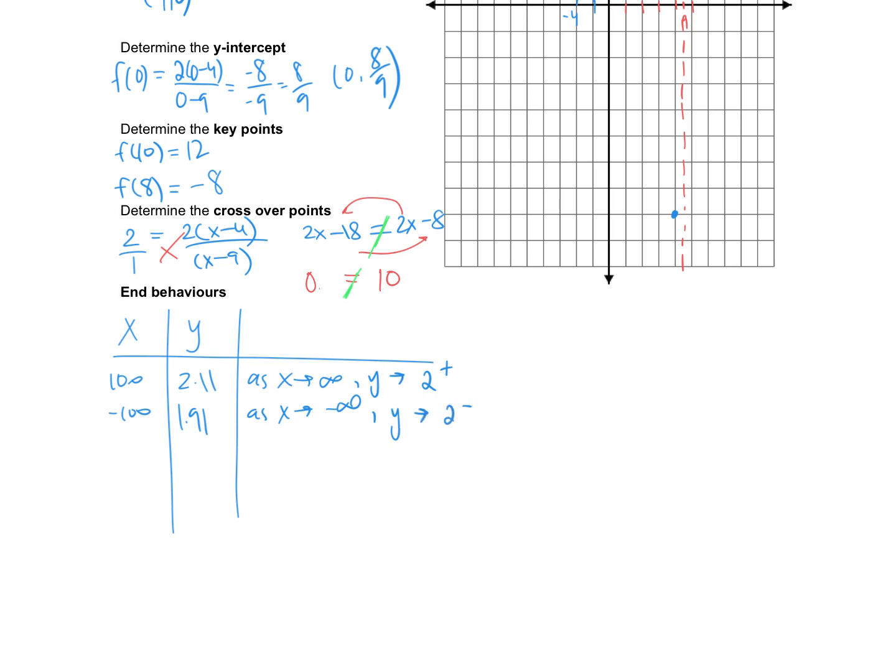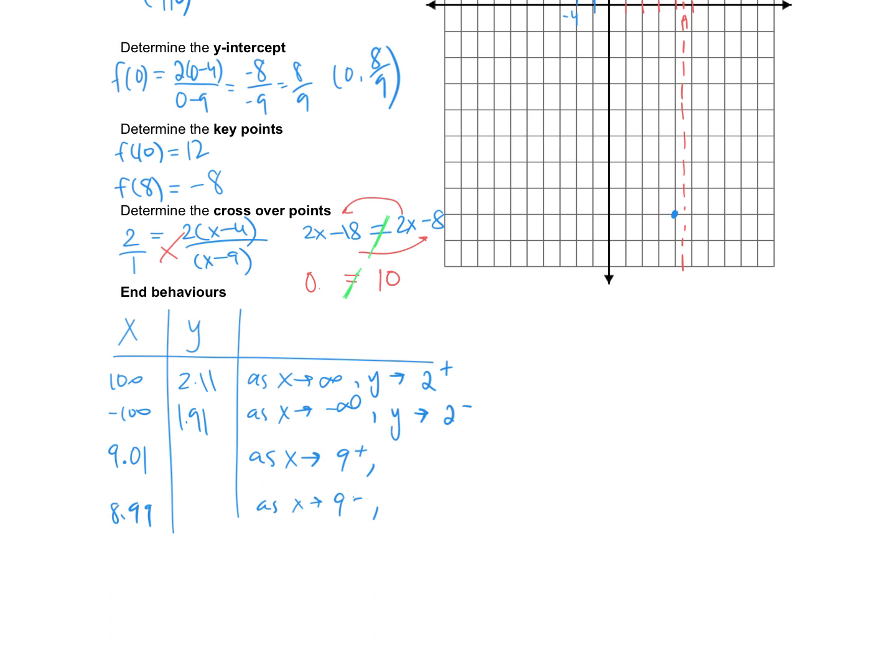Then my other two end behaviors are going to be around the vertical asymptote. It's at 9, so if I'm testing to the right of 9, I'll use 9.01. So as x approaches 9 from the right, if I want the left, I'll use 8.99. And now let's see what happens to y. I have an idea based on what I'm seeing on my graph, but this will verify it.